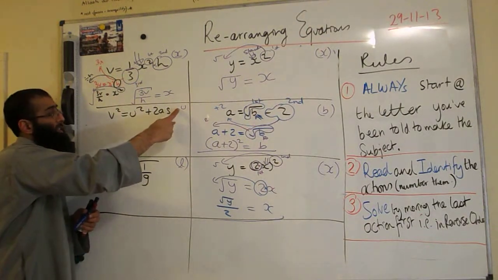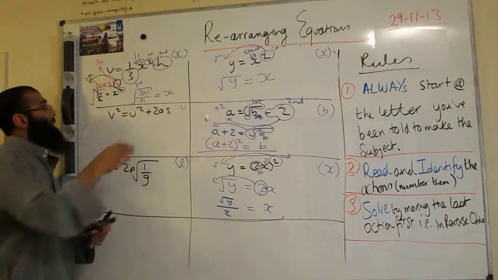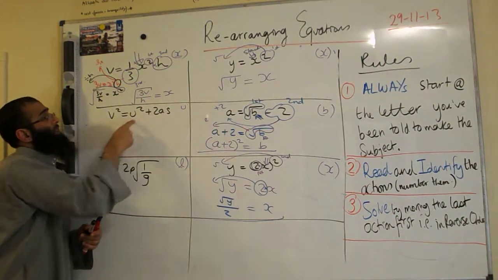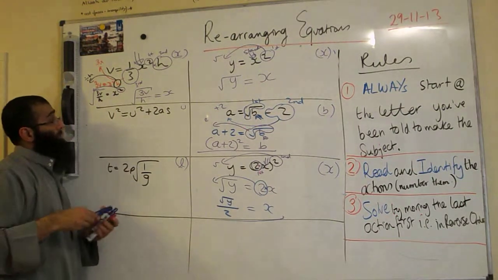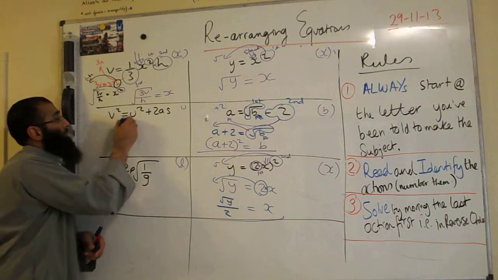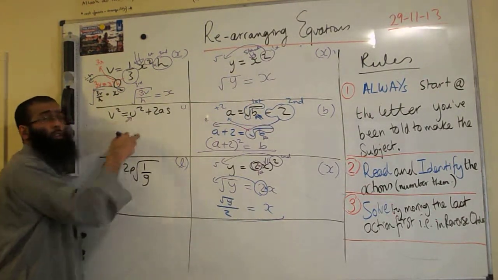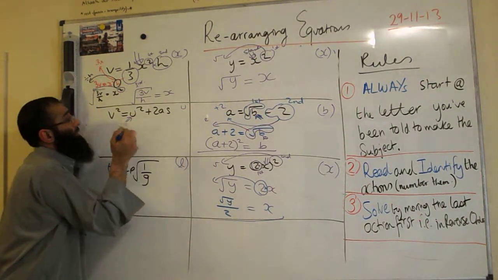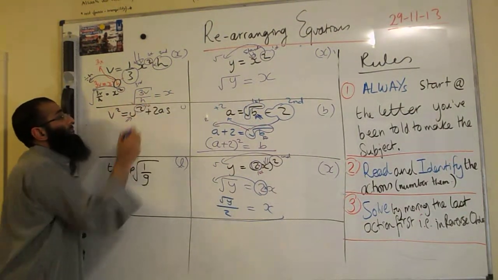We've got to make u the subject. Is that still okay? Okay, we're going to make u the subject over here. Okay, Samia, help me with this one. We start with the u, we look at the u first. U is being squared first of all, that's called the first action.